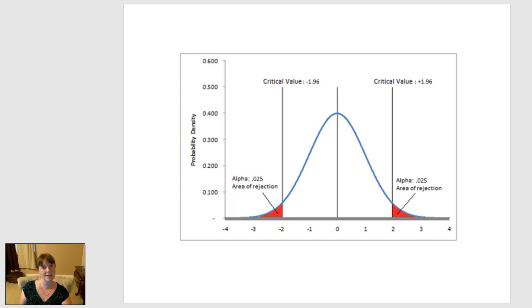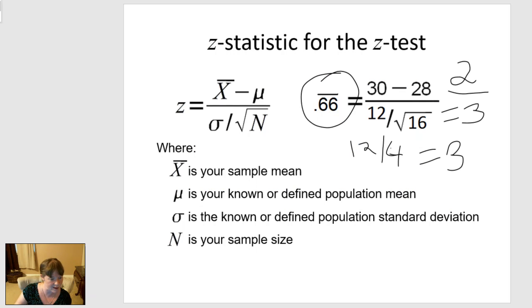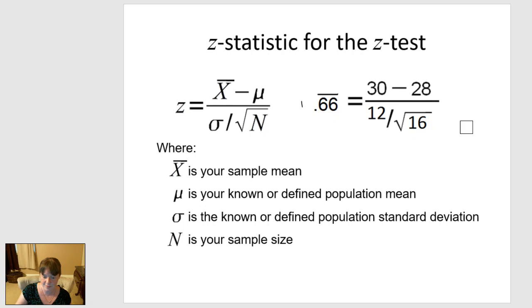Calculate your z-statistic. You don't even have to draw a picture. Calculate the z-statistic, just like we did here. Let me erase my scrawls. Calculate the z-statistic. If what you calculate is more extreme than plus or negative 1.96, higher than positive 1.96, or smaller than negative 1.96, more extreme, you're going to reject the null.